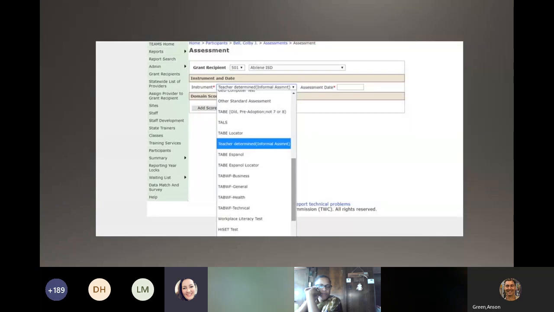That's just going to denote to us that you did provide some sort of test prior to instructional time for the student or placement of the student. There's a lot of other tests in that drop down as well, but that's where we're asking you to put those non-approved NRS tests.